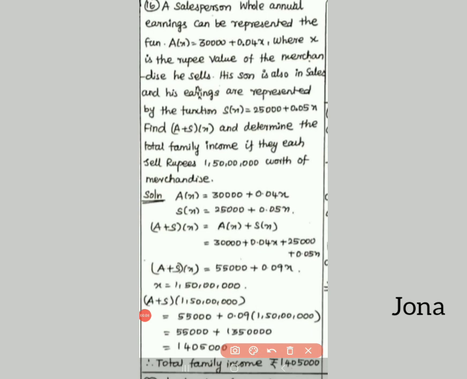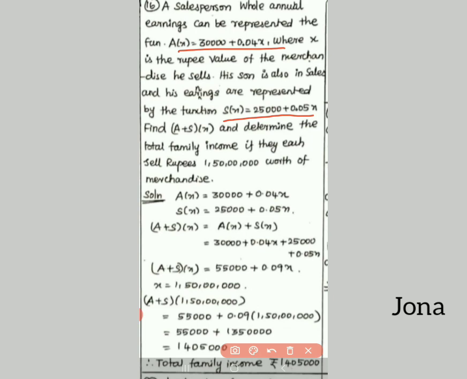Problem 16. A salesperson's annual earnings can be represented by the function A of x equal to 30,000 plus 0.04x, where x is the rupee value of the merchandise he sells. His son also sells, and his earnings are represented by the function S of x equal to 25,000 plus 0.05x.